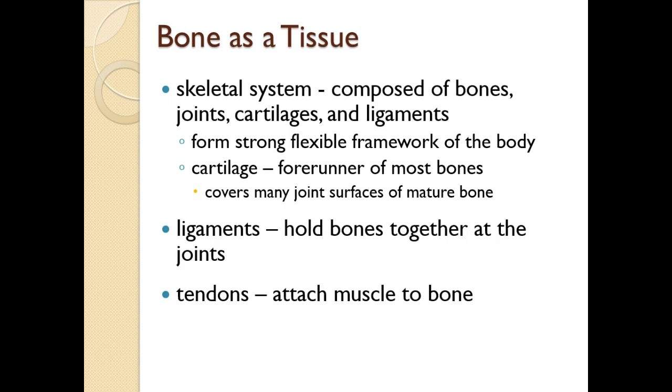All right, cartilage covers many joint surfaces of mature bones. As we talked about before, you all remember the three types of cartilage? Elastic, hyaline, and fibrocartilage. Do you remember where those are located in the body? Remember that certain types of cartilage cover the ends of long bones.